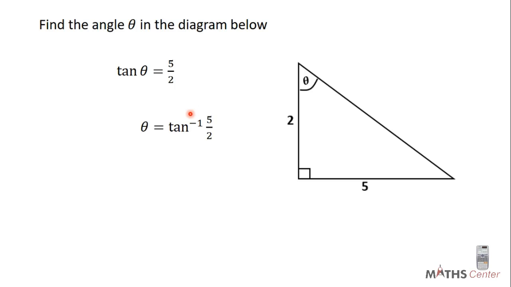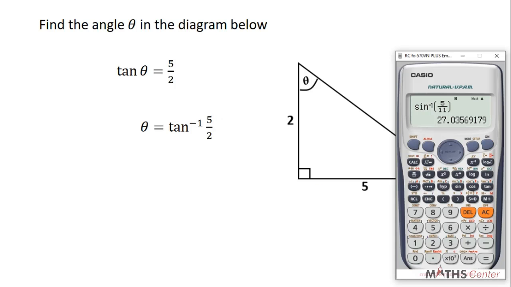So from here, you will find theta as tan inverse of 5 divided by 2. So switch on your calculator, shift tan, then 5 divided by 2. Don't forget to close the brackets after that.